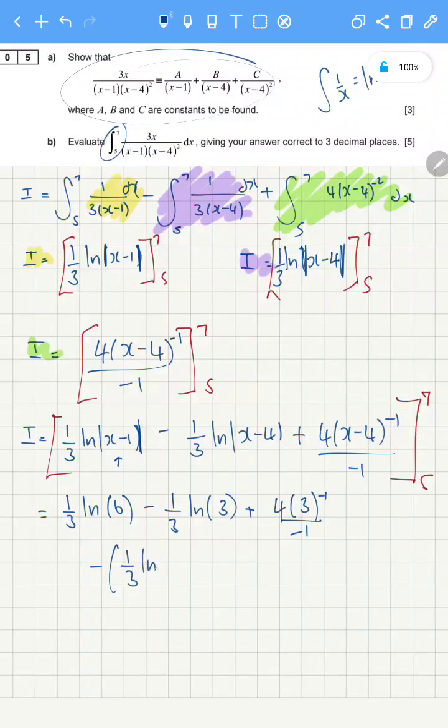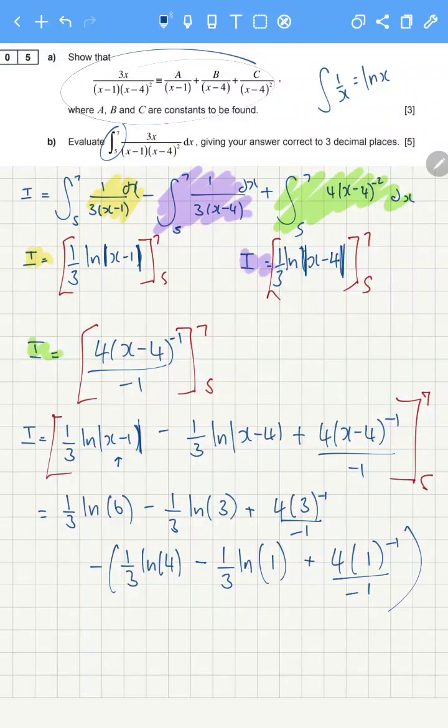So 1/3 log 4, and we're going to minus 1/3 log of 5 minus 4, which is 1. That's 0, log 1. Plus 4 bracket 5 minus 4, which is 1, so minus 1 all over minus 1.